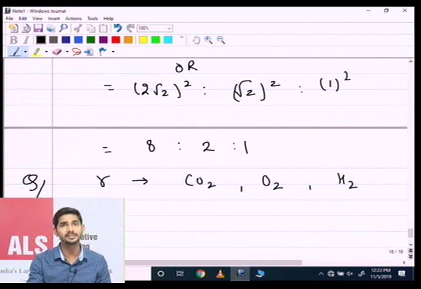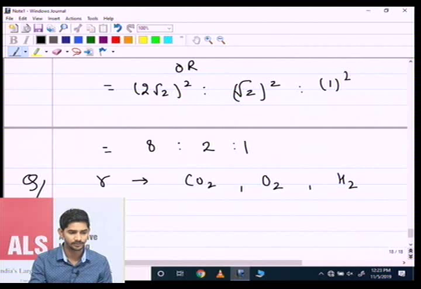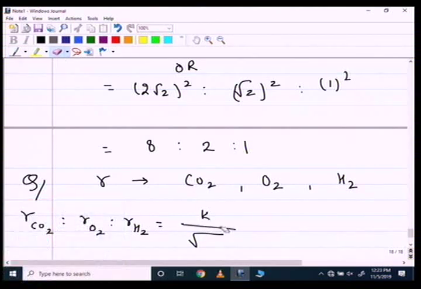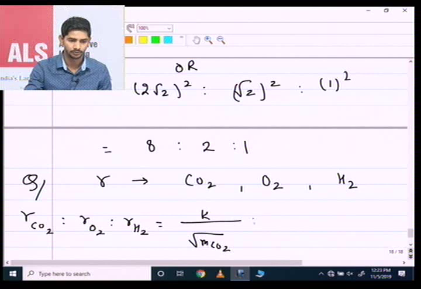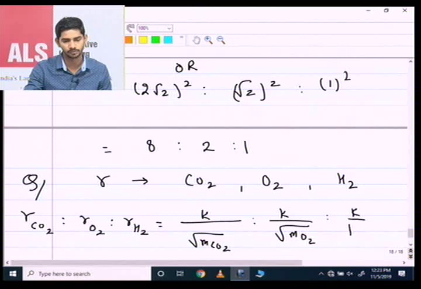This was exactly the same as what I discussed previously: R of CO2 is to R of O2 is to R of H2 should be K upon under the root molar mass of CO2 is to K upon root molar mass of O2 is to K upon root molar mass of H2.